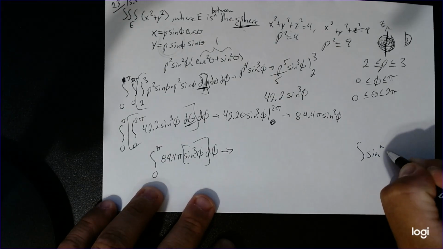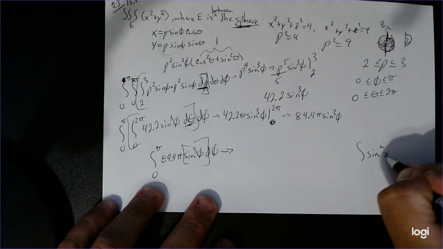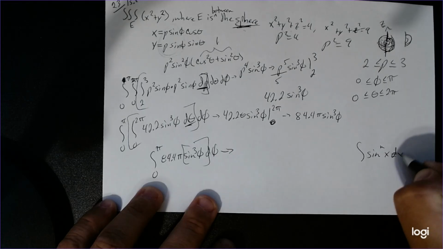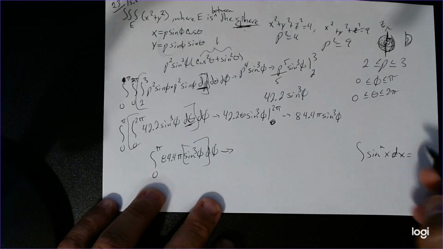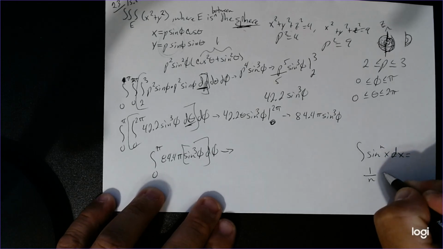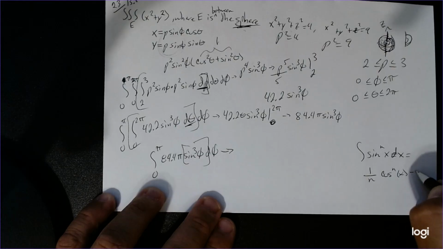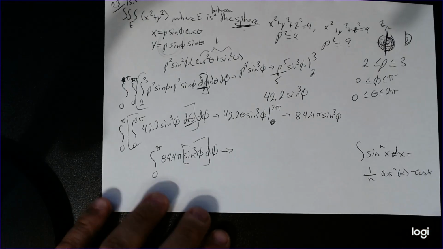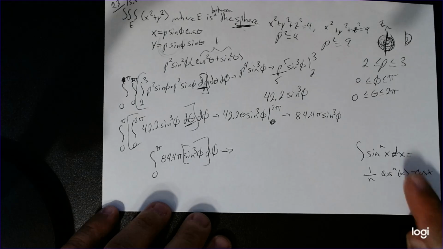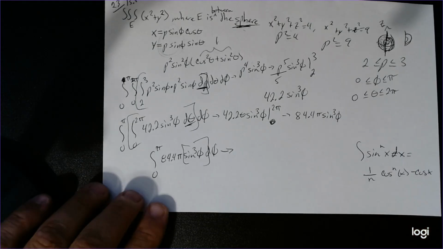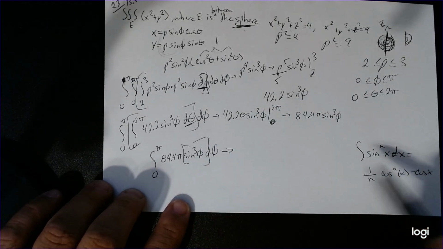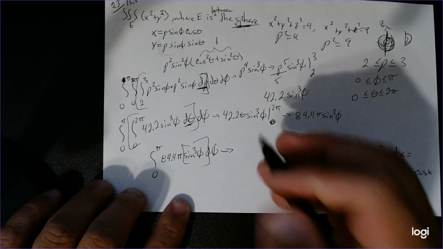If you really want to know where I got this, this ends up being that. So it's just a property. You could prove it, but why do we need to prove it? So n in this case would be 3.